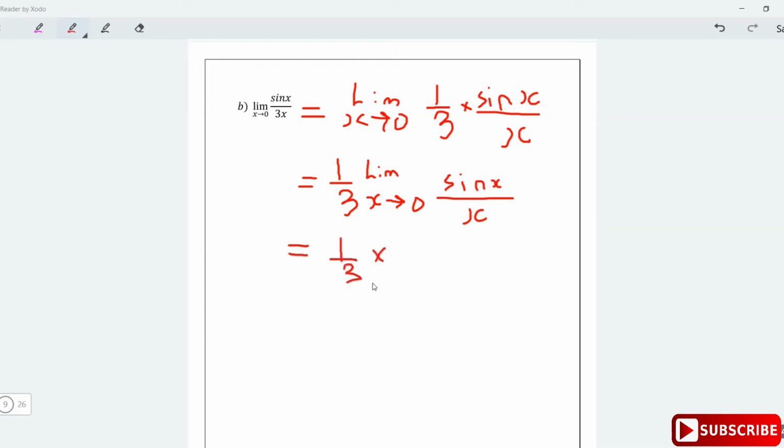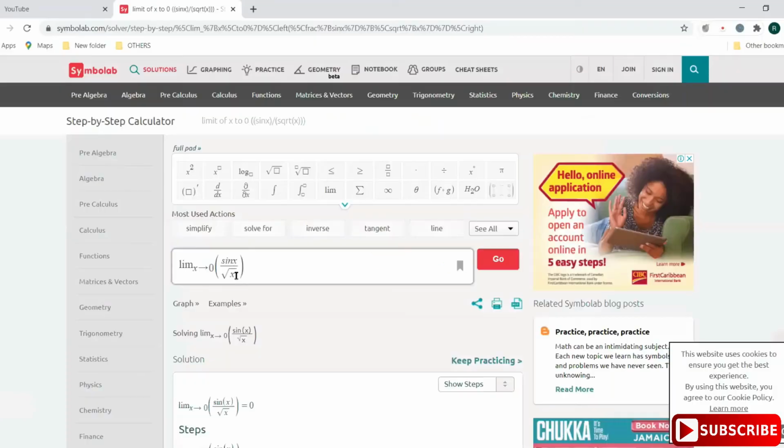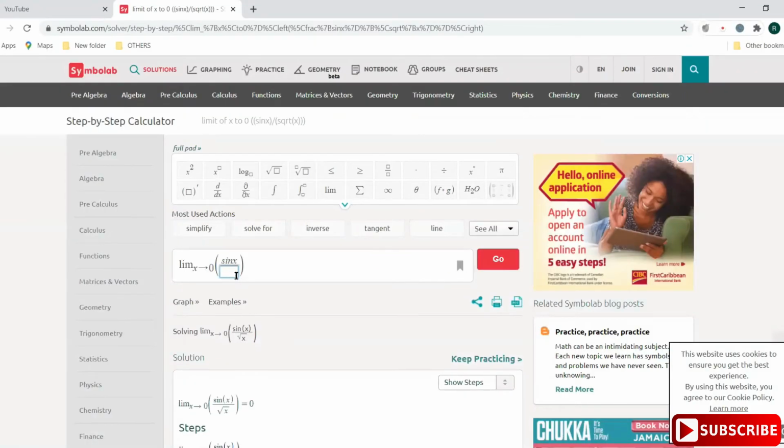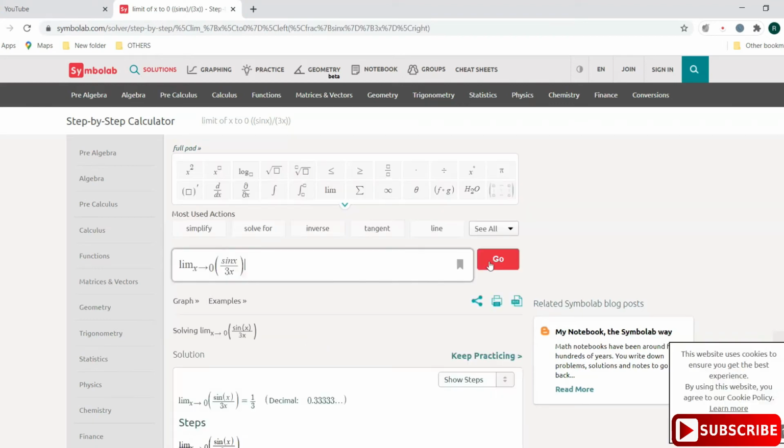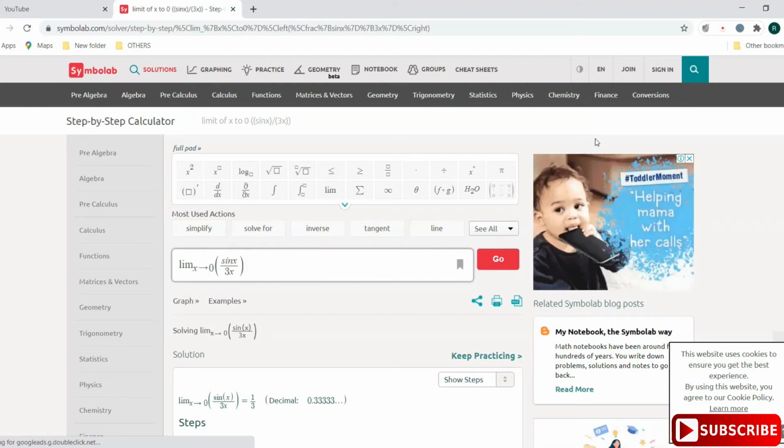So the limit of sine x over 3x is 1 over 3. Easy, nice. Just for verification, it's always nice when you get verification: sine x over 3x, 1 over 3. There we go. Beautiful.